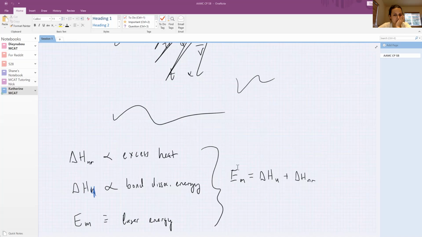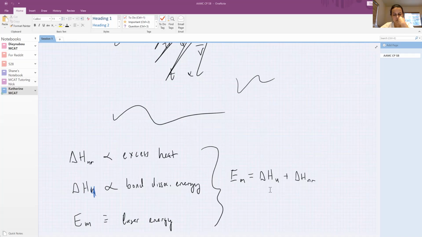Let's say this is laser energy, the total energy, and it splits into energy that's used to break the bond and the energy that is just excess heat. I get it now. Some energy is always lost as heat, generally speaking.